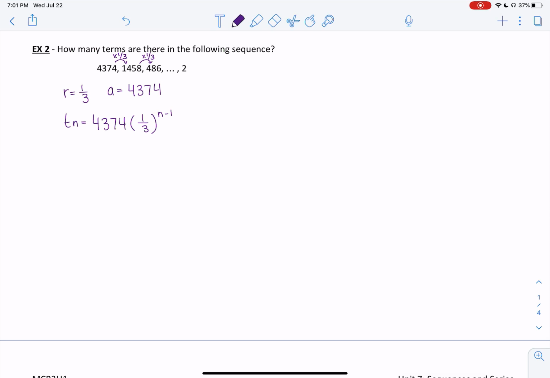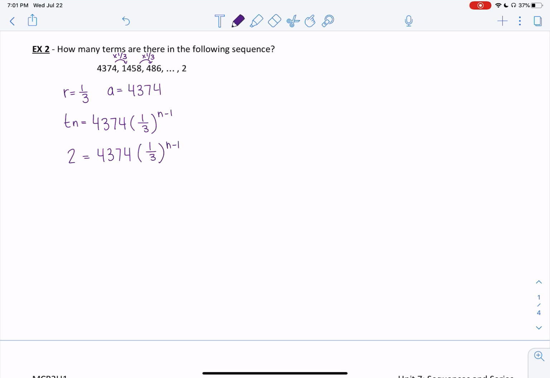Now, we know that our last term is 2, and we want to figure out what number that term is. So that means that we're looking for n. So we know our last term is 2, so I can sub that in for t to the n. And I'm looking for n minus 1.